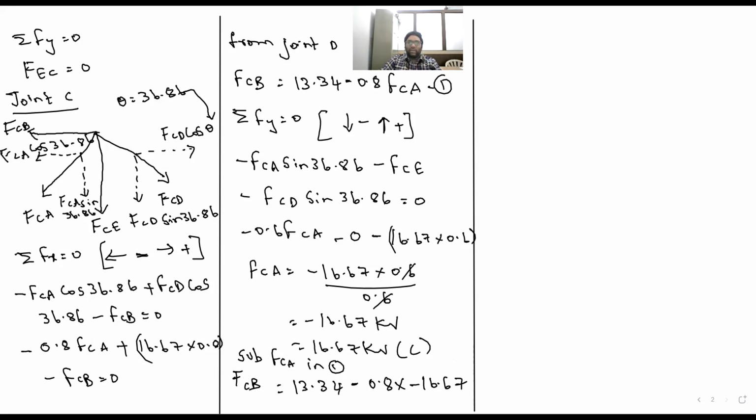This is minus of minus. 13.34 plus 13.34. That is minus of minus. 16.67 into 0.8 plus 13.34. How much you got? FCB? Yes. So FCB is equal to 26.67 kilonewton tension.